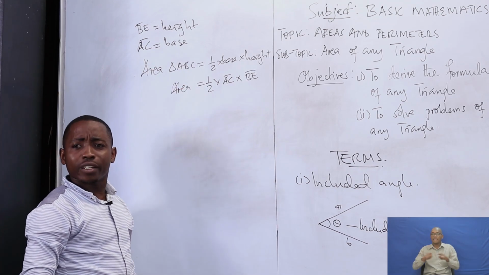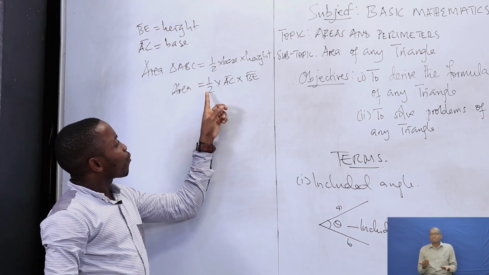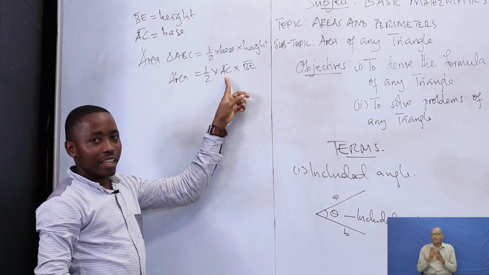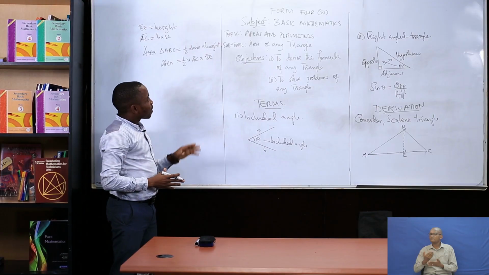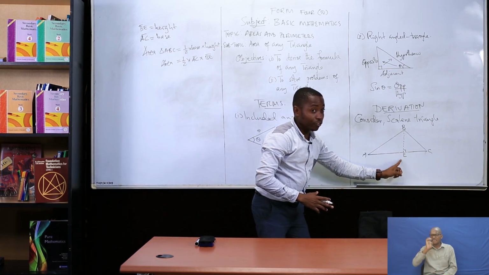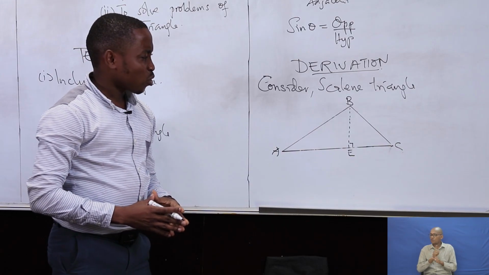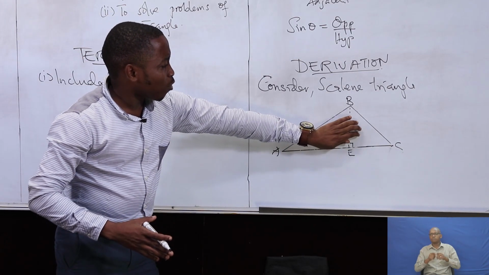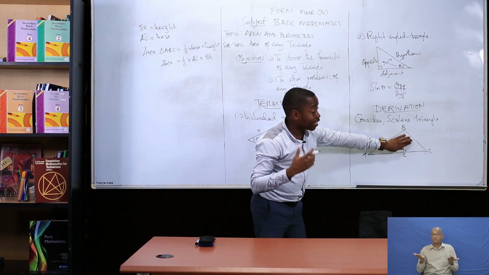But still we have a question. We have to ask ourselves, the area is found by taking a half times AC times BE. But if you remember, this side BE is the one that we constructed ourselves. It was not there in the original diagram. So we have a question. From the original diagram, this side was not there, but in the formula it is there.